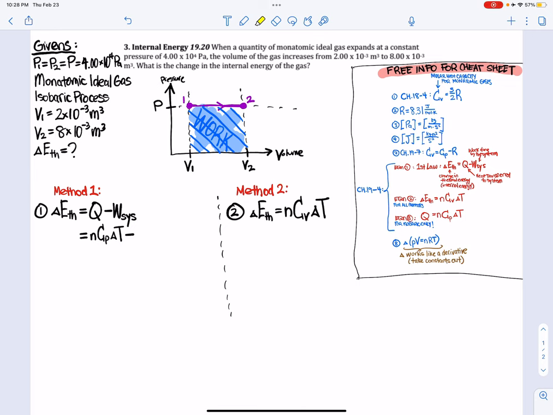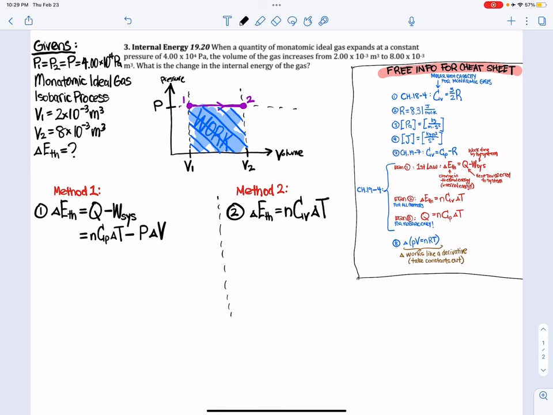So the work done by the system is the height, which is P, right? That's a constant pressure, 4 times 10 to the 4th Pascal, multiplied by my base, which is the change in volume, or delta V, right? That's just V2 minus V1. Okay? So that's how I'm going to solve it.